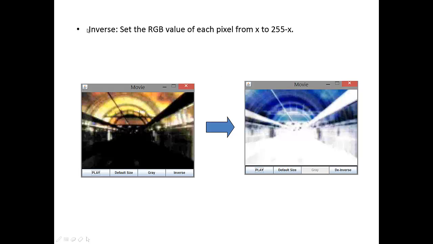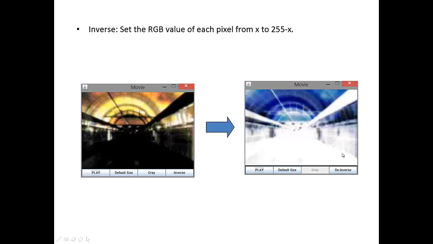The third effect is inverse, and it would set the RGB value of each pixel from X to 255 minus X. As you can see, on the left is the original video, and on the right is the inverse video. Also, I want to mention that we set gray and inverse independently.